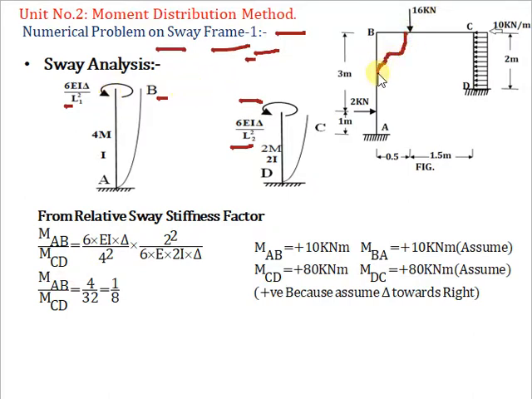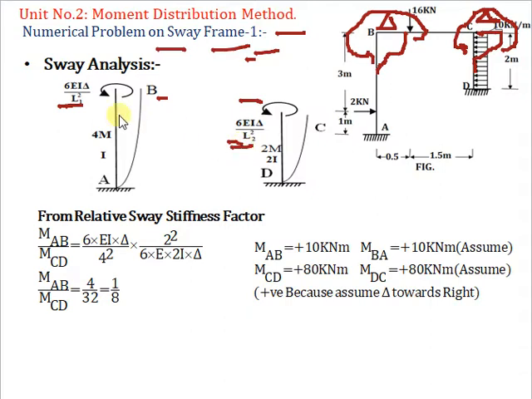So what we have to do is assume that the columns are going to sway toward the right hand side, and whatever moment is generated due to that sway, we have to consider at ends B and C. So these are the moments which are generated at ends B and C.